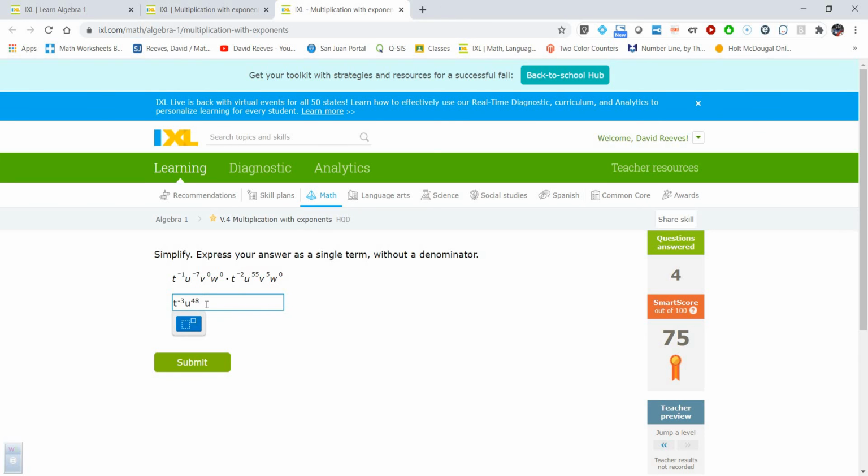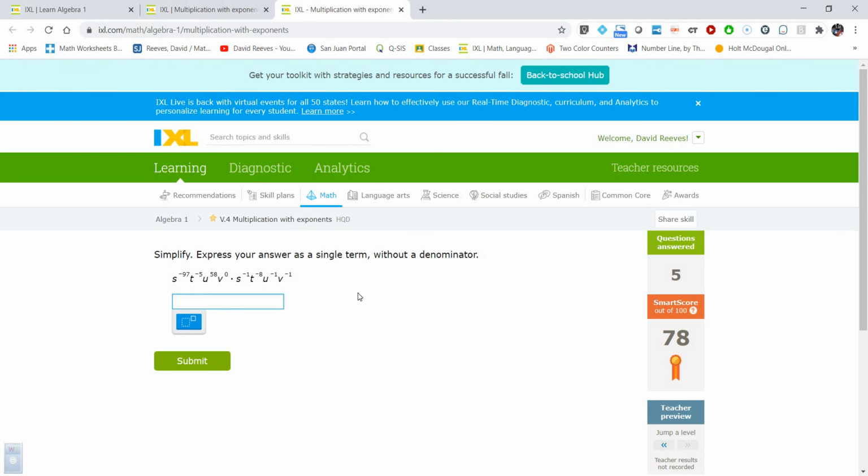And then we have v to the 0 plus 5 is 5. V to the 5. And then finally, last but not least, we have w to the 0 power. All right. What do you think? What's IXL going to say? You got it.